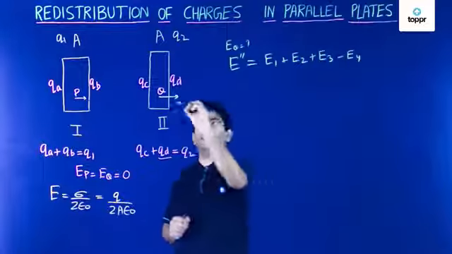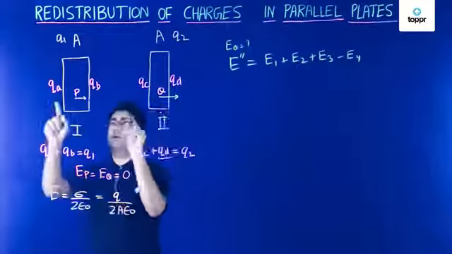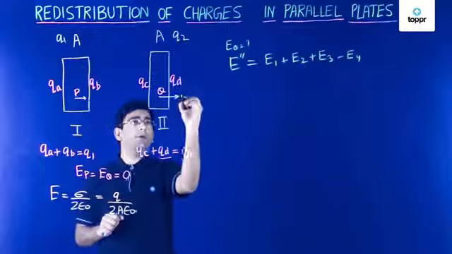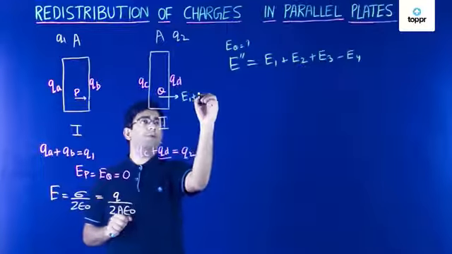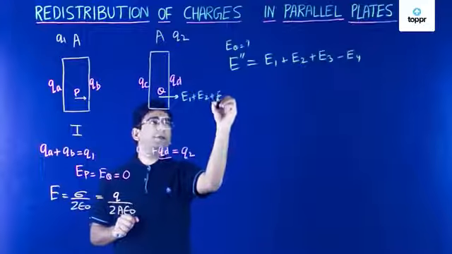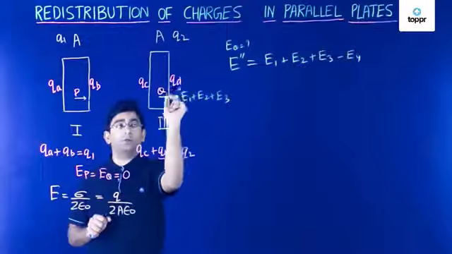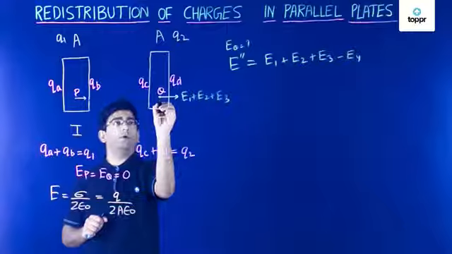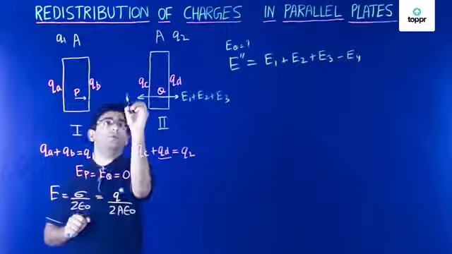That is because the electric field at the point Q due to QA, QB and QC would be E1 plus E2 plus E3, whereas the electric field due to the charge QD at the point Q would be in this direction, so that would be E4.